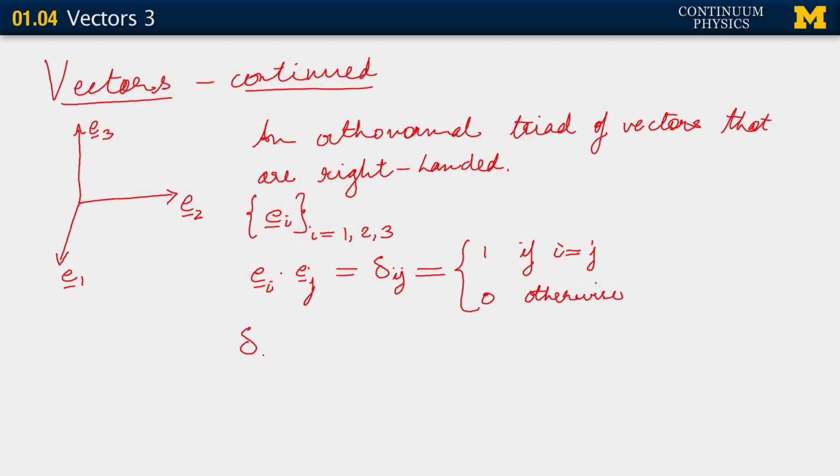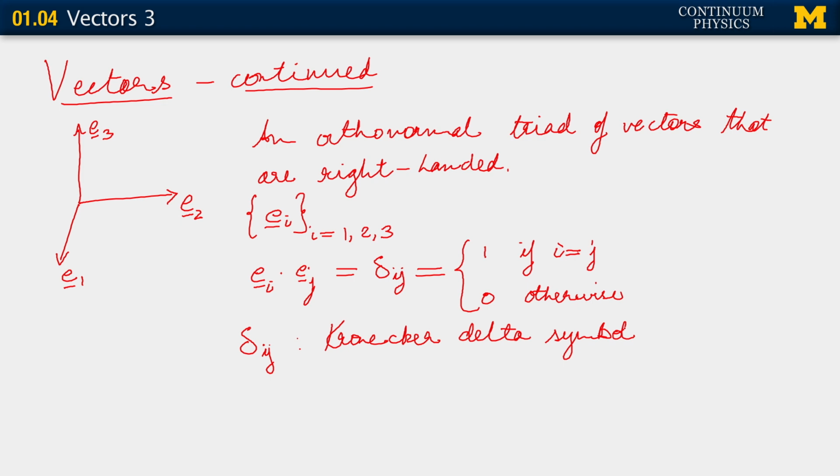Think about it for a few seconds. It's an easy one. You probably all immediately recall it. It is the Kronecker delta, right? So delta ij is what we refer to commonly as the Kronecker delta, sometimes called the Kronecker delta symbol. All right? Okay.